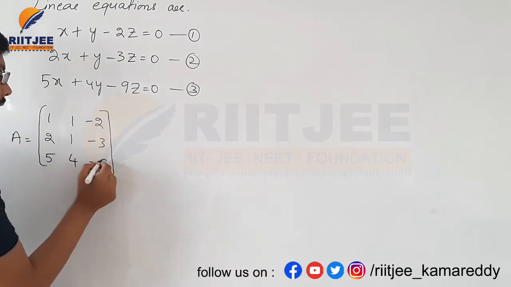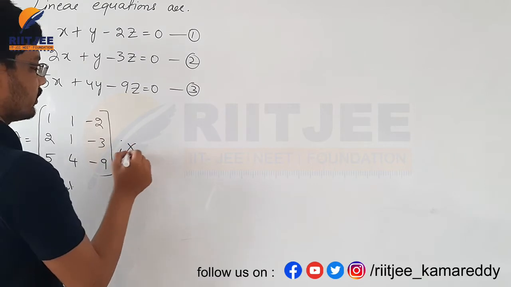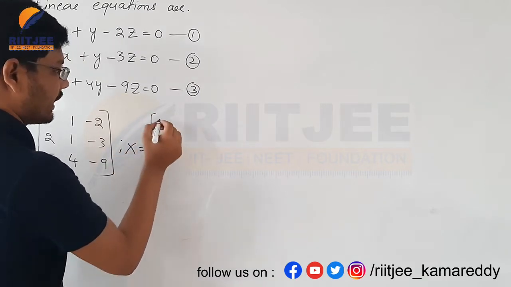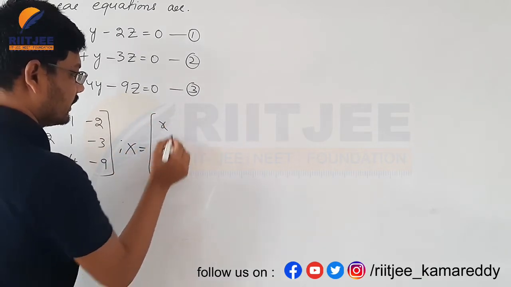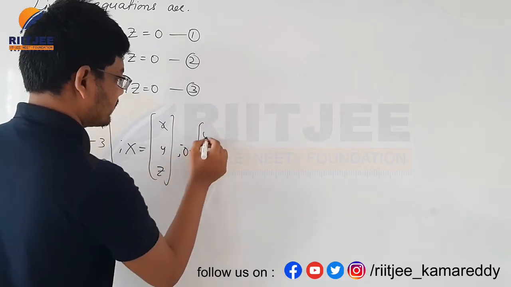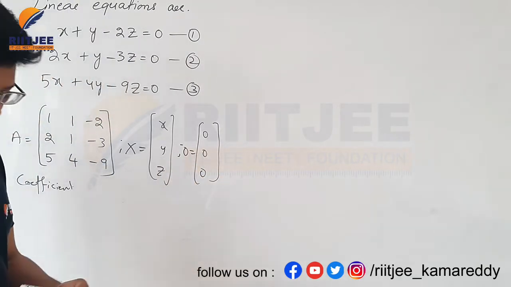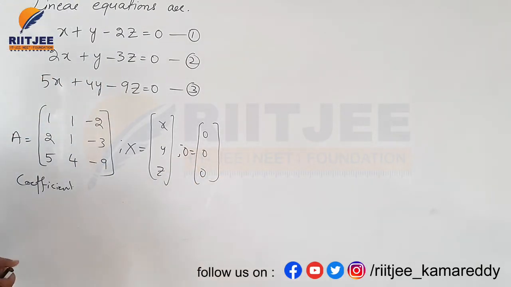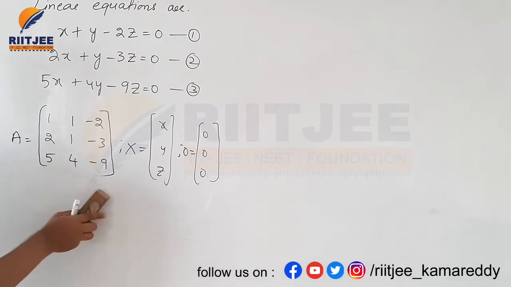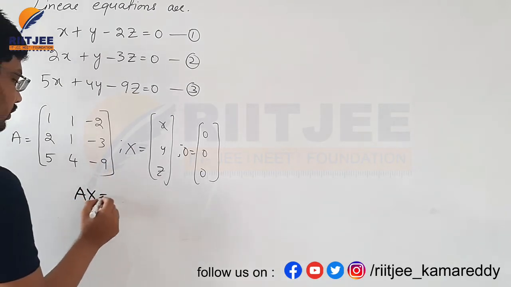This is the coefficient matrix, and the variable matrix is x y z, and O is nothing but the null matrix 0 0 0. And the next step is to convert our matrix equation AX is equal to O.